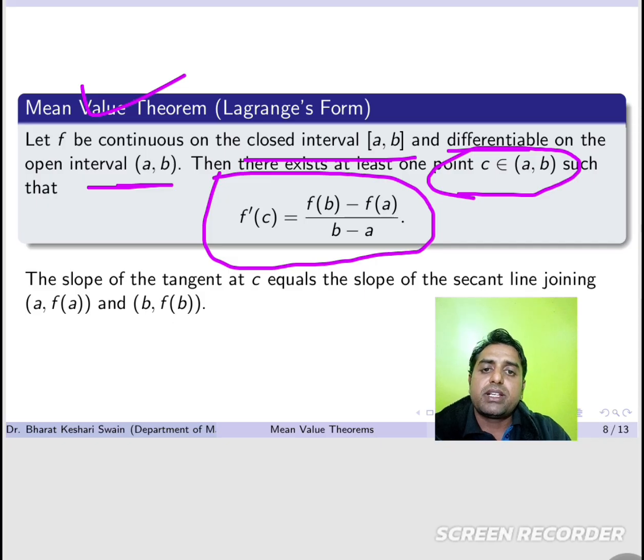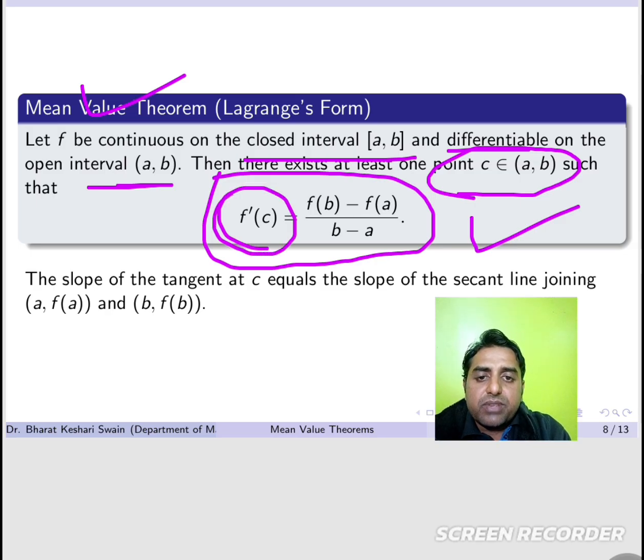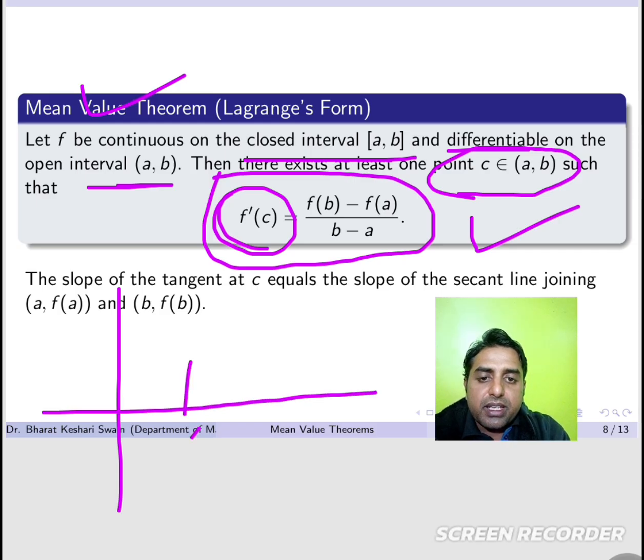So it is not the case of Rolle's theorem, but in case of Lagrange theorem, it is continuous, it is differentiable, and then there exists at least one c belongs to (a, b) such that f dash c equal to f of b minus f of a divided by b minus a. So what does it say? f dash c is the slope of the tangent, and if I draw, you can say this is your a, this is your b, isn't it?